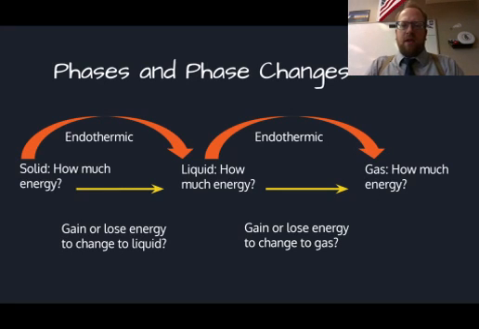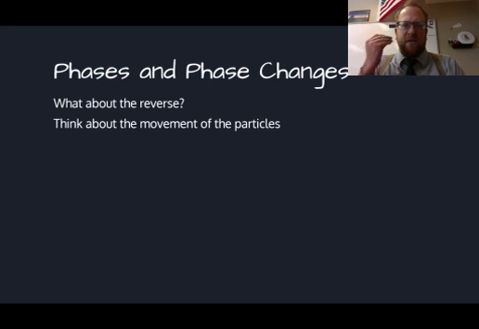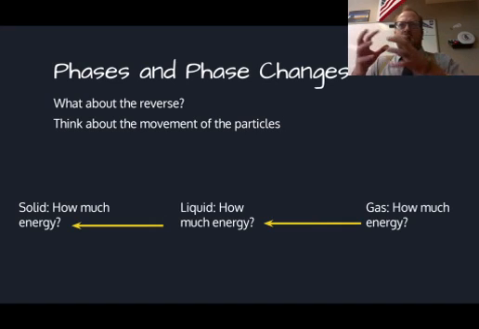If we reverse the process, these sometimes aren't as intuitive, but just think about it. As we go from gas to liquid to solid, our particles have less energy. Well, where does that energy go? It's got to go somewhere. So it gets released into the environment.